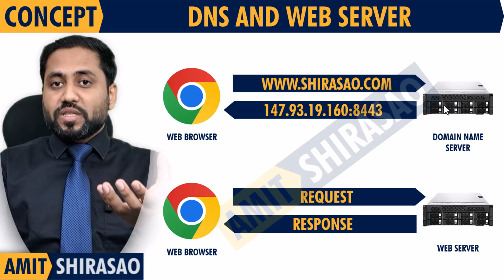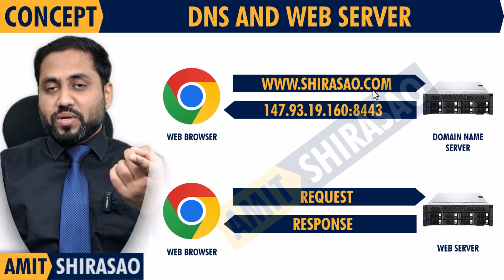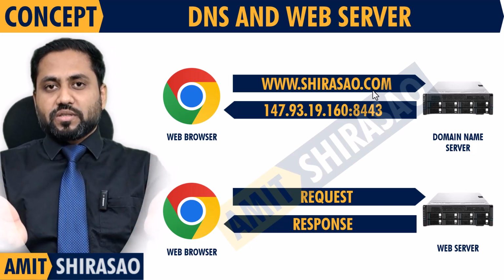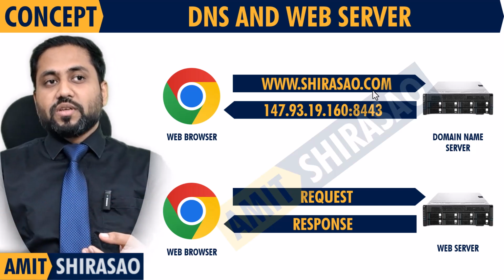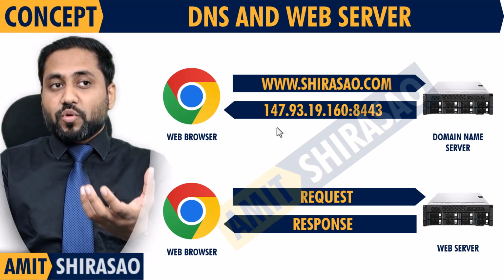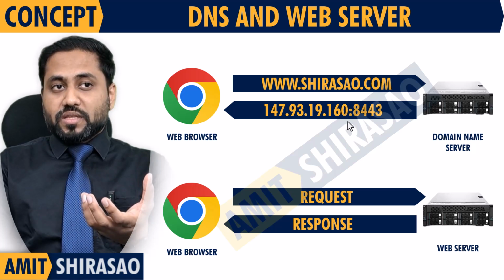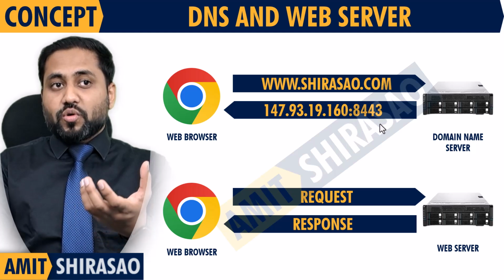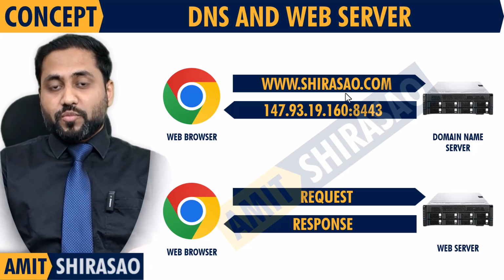So Hostinger's domain name server will reply back to Google Chrome that this website is a web application. Whenever I say website, it is a web application, an application that you're sharing over the web. This web application has been deployed on such and such a machine. The IP of the machine is given over here, and on such and such a port. So on this port of this machine, this domain has been deployed.